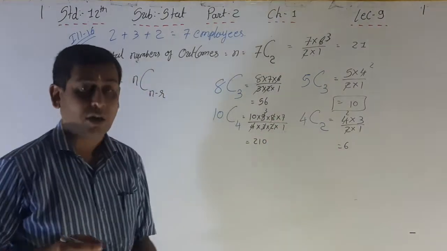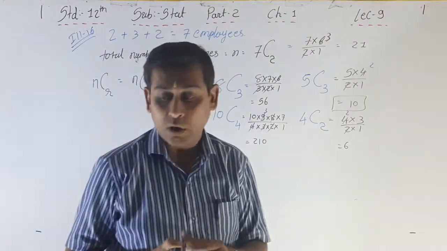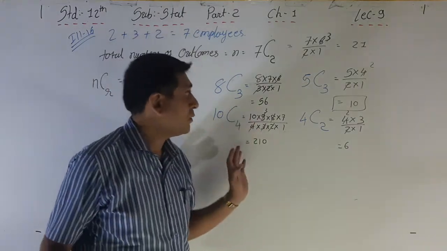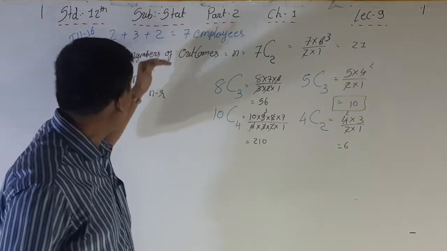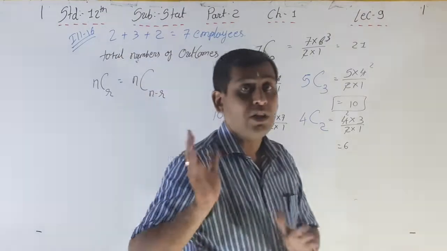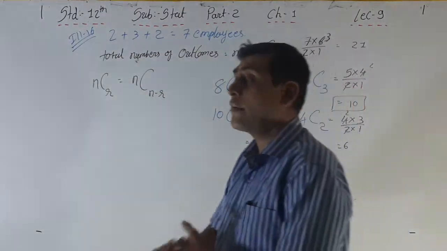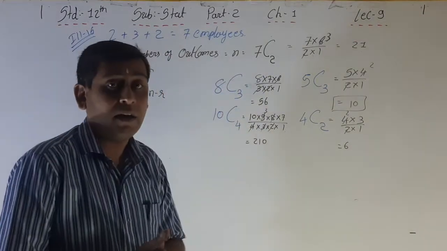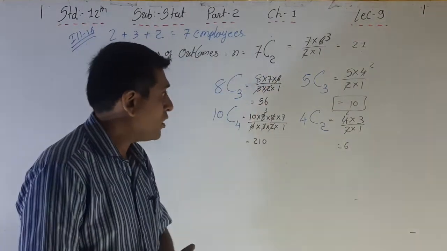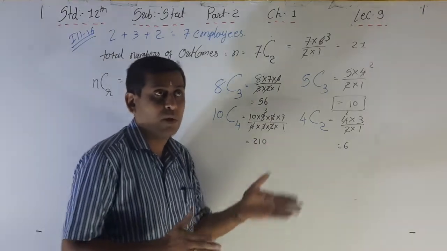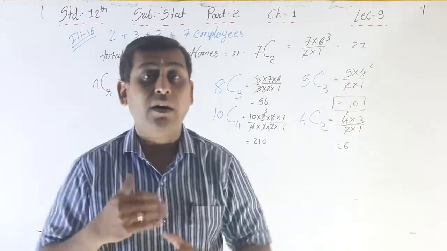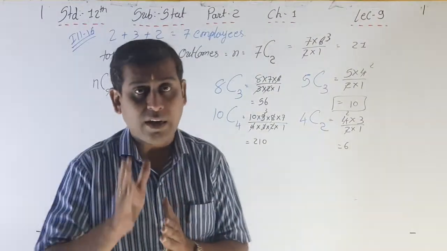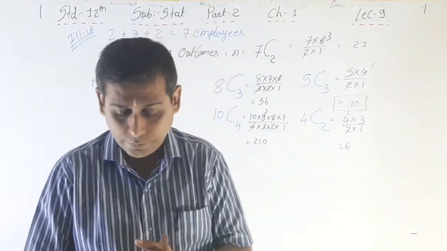These are the shortcuts to find combinations directly. So please write down this. This is not your answer of illustration number 16. This is just for your knowledge, that you will find nCr in a shortcut way. This is your shortcut method. Please write this down and understand this formula again and again, because it will be used in all the next sums.